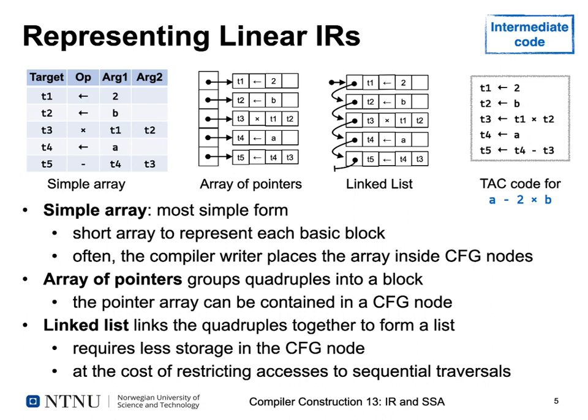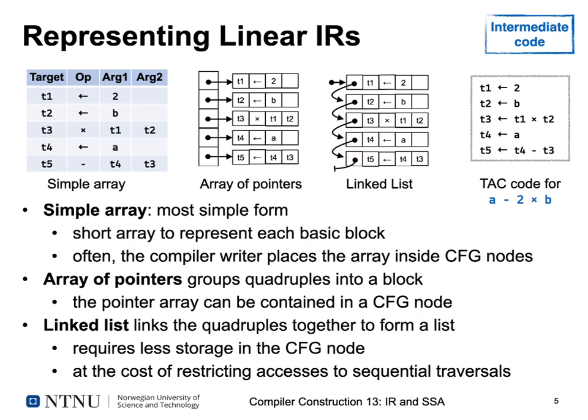And finally, we can use a linked list. So this linked list links the quadruples, also our 3 address code instructions, together to form a list. So we only need to store the initial pointer in a control flow graph node representing a basic block, and then we just follow this additional field, which points to the next 3 address code instruction in the list until it finally reaches the end, which is usually represented as a 0 pointer.